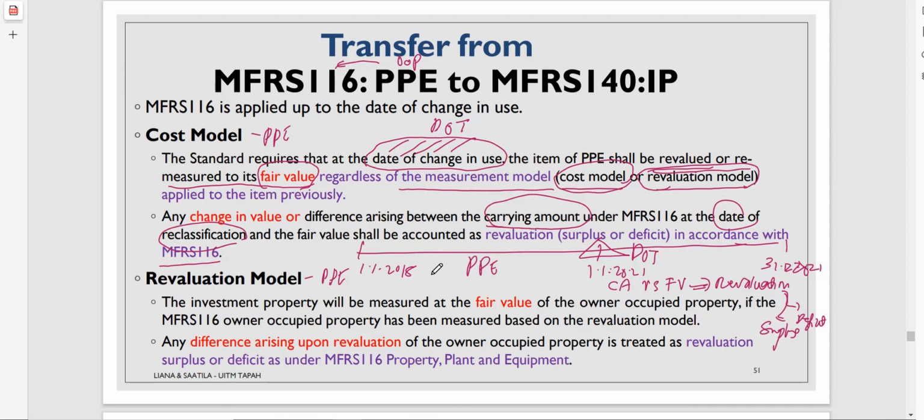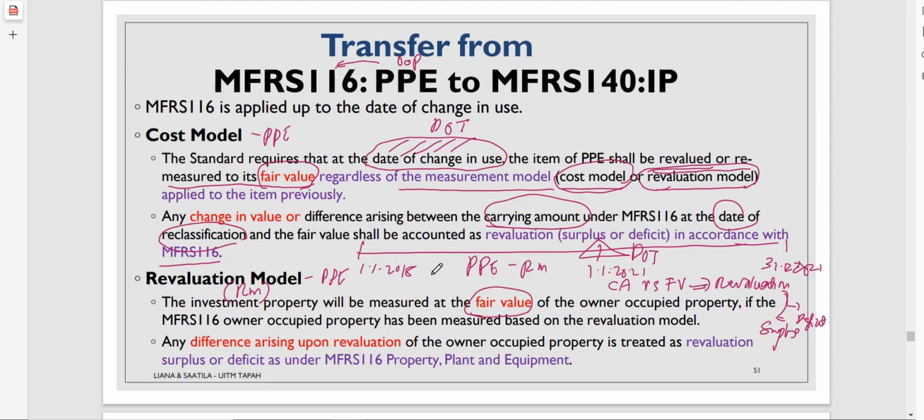Then you have the revaluation model, the second option, where you have accounted for your PPE using the revaluation model. The investment property will be measured at the fair value on the date of transfer. Let's say the PPE uses RM. RM means revaluation model, right?